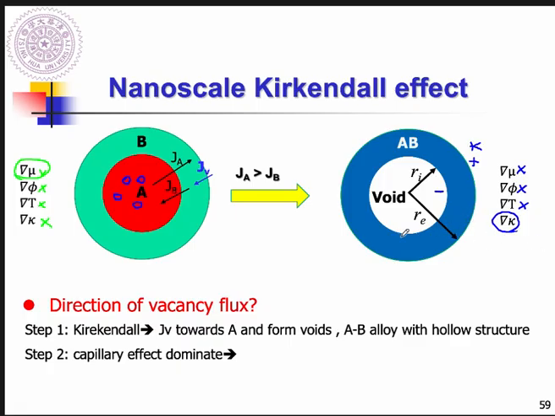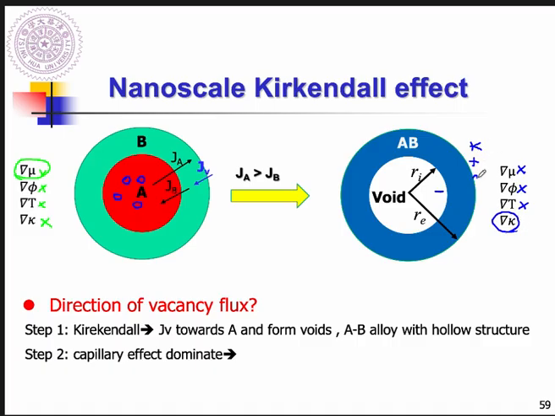So at this moment, if you keep heating these materials up, then the kappa gradient will serve as a driving force to drive this morphology evolution. This is what we call the capillarity effect dominating. Do you remember how the capillarity effect induces atomic migration?